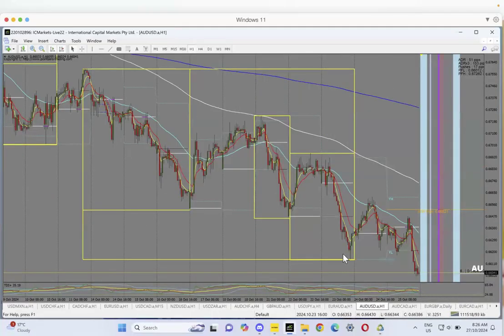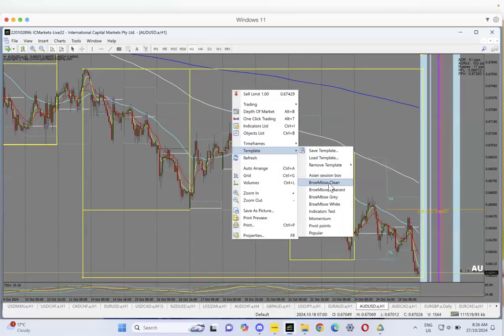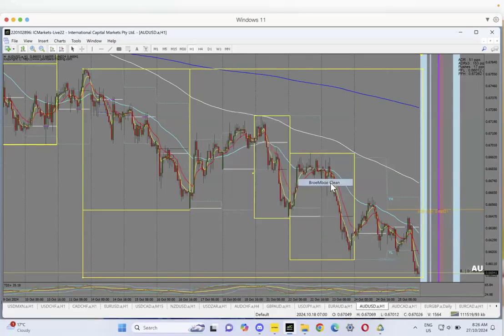So I was actually drawing my boxes here, waiting for the last level.